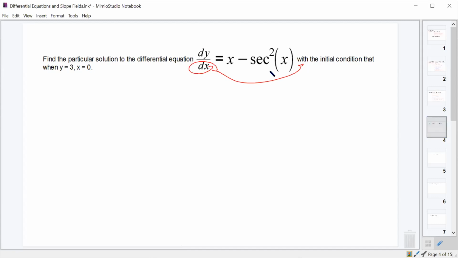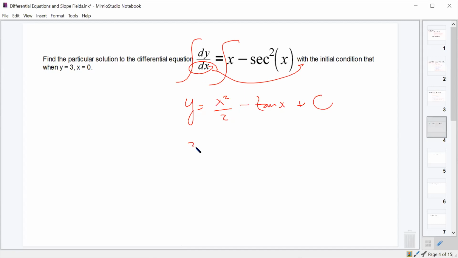Bring that dx over, right? And then integrate both sides. Y equals x squared over 2 minus, what's the integral of secant squared? Tangent. Tangent x plus some constant, right?